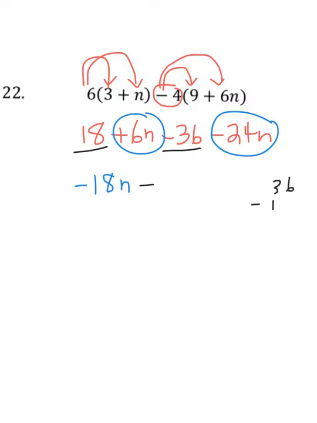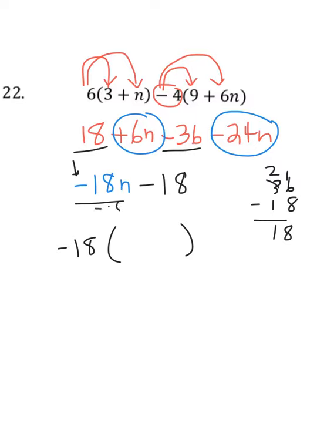I'm really doing 36 minus 18. That's going to be 18. Is that right, Rye? What? 36 minus 18, 18? Yes. Okay, I'm going to factor out, well, obviously 18, but I have to factor out a negative 18 because the leading term is negative. That's going to be positive n and a positive 1.